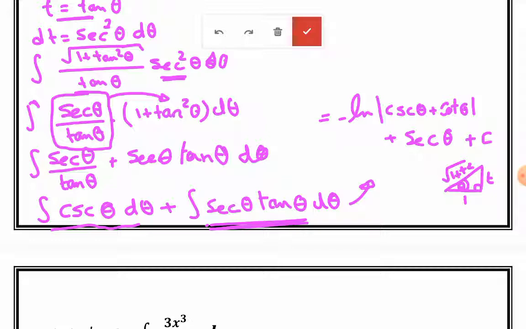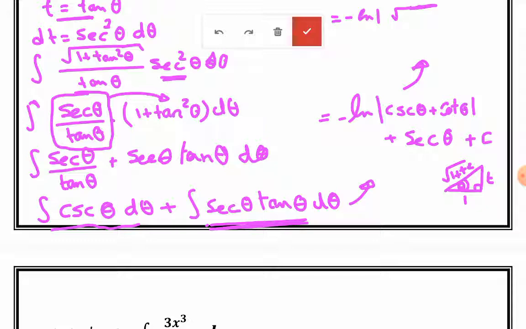Okay, so the final answer will be negative ln absolute value of cosecant.